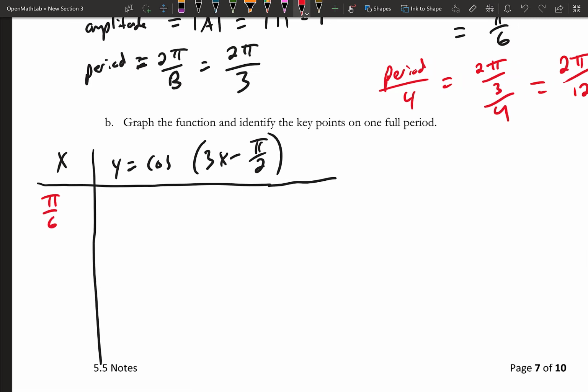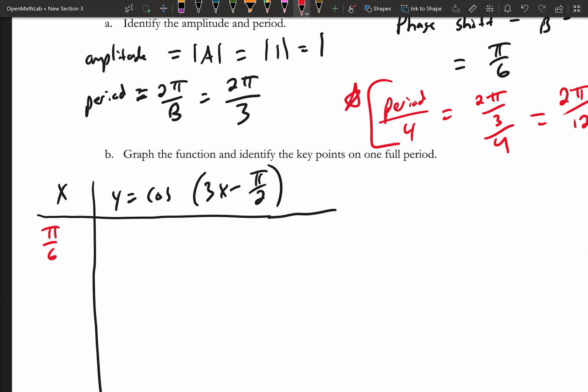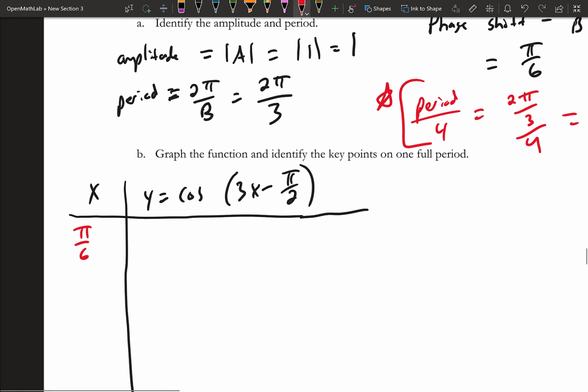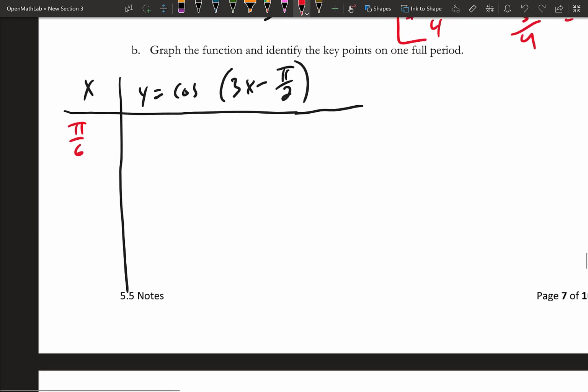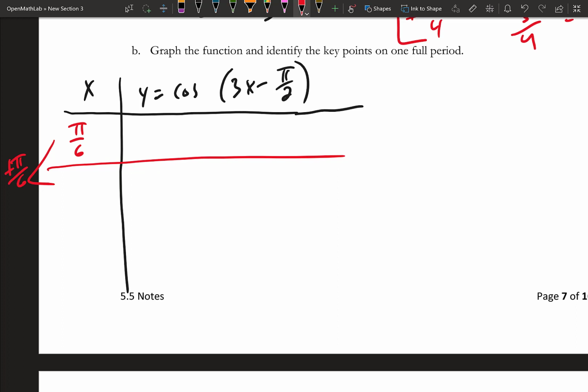And then what I'm going to be adding each time is what this guy was, the period divided by 4, which was pi over 6. Right? So from here to here, we're going to add pi over 6. So that gives me pi over 3.